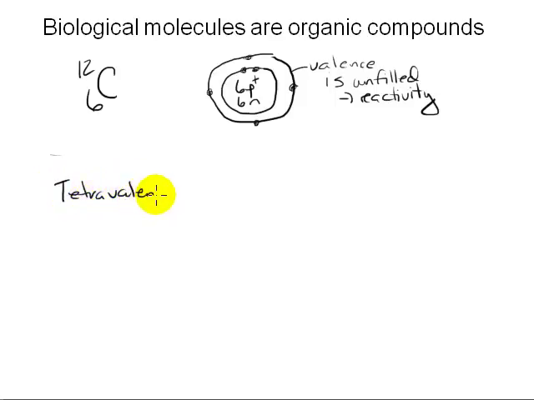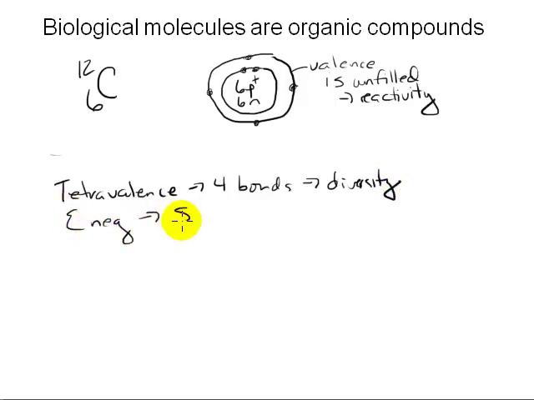So carbon's tetravalence leads to the capacity to form 4 bonds, which creates a potential for large and structurally diverse molecules. The fact that the electronegativity difference between carbon and its most common biological atomic partners is relatively small leads to stable covalent bonds and therefore stable biomolecules in an aqueous environment.